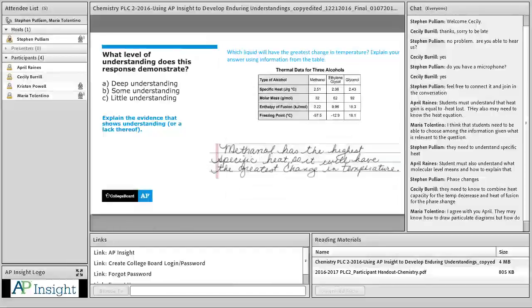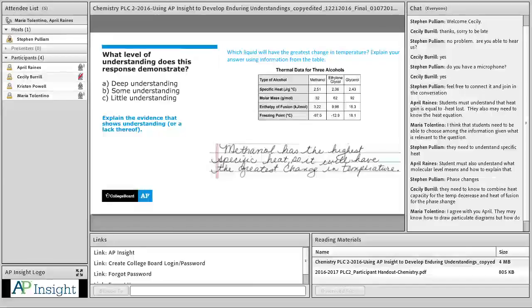And this is also for Part A. This student has responded that methanol has the highest specific heat, so it will have the greatest change in temperature. So what level of understanding does this response demonstrate? None. Little. Right, they've got it backwards, don't they?